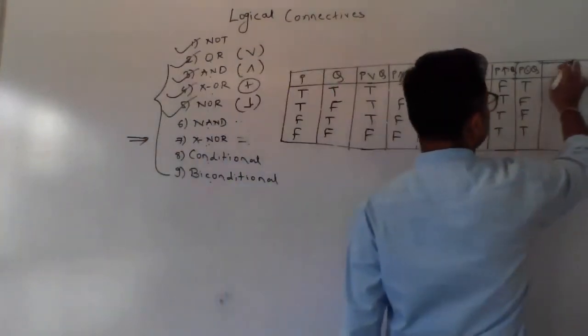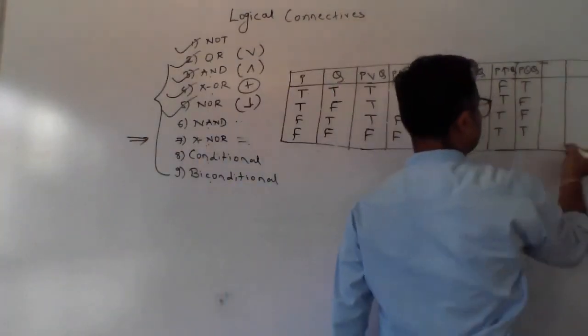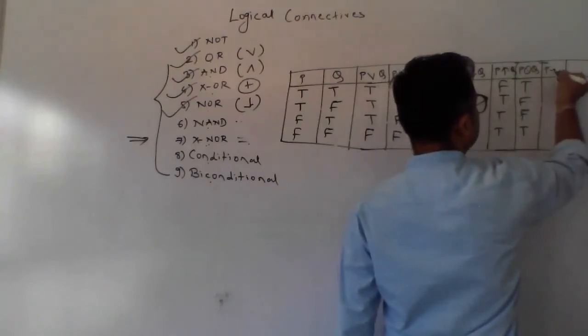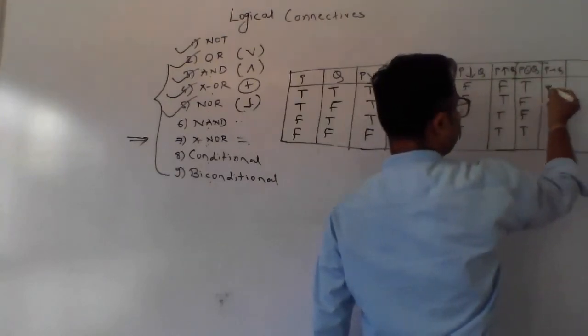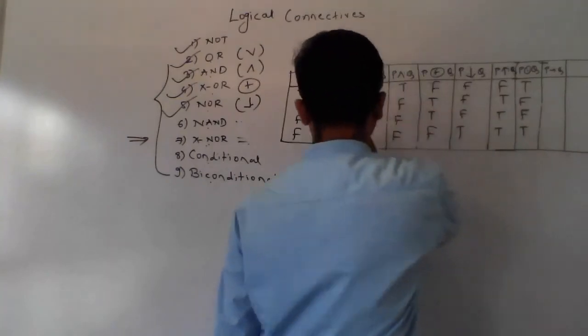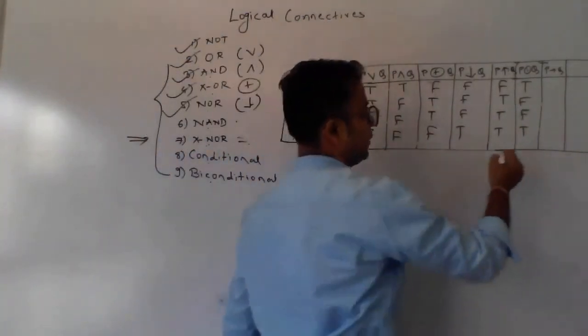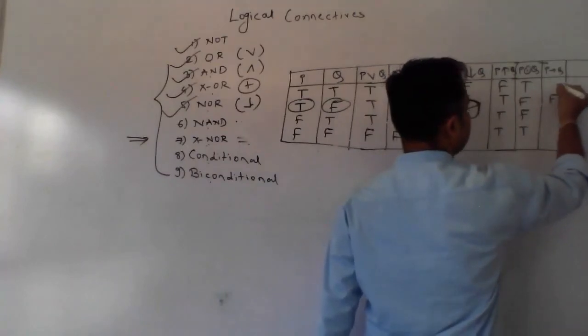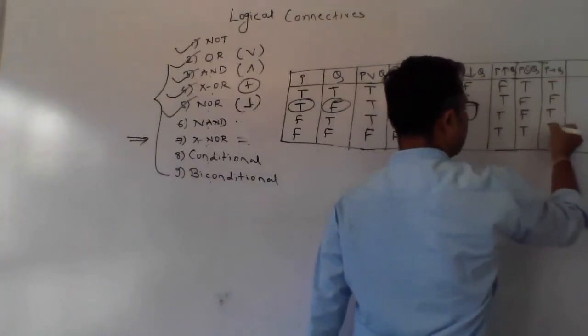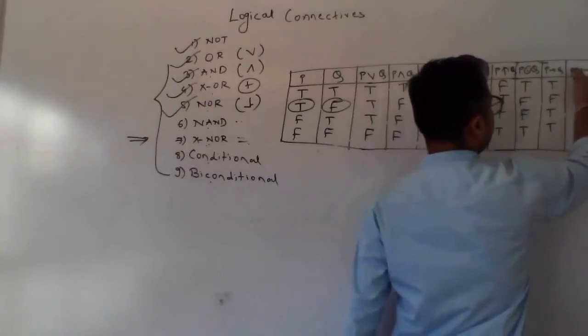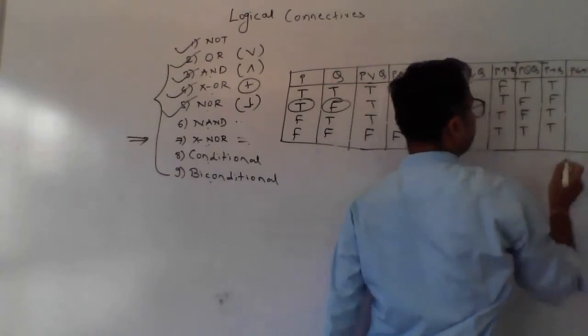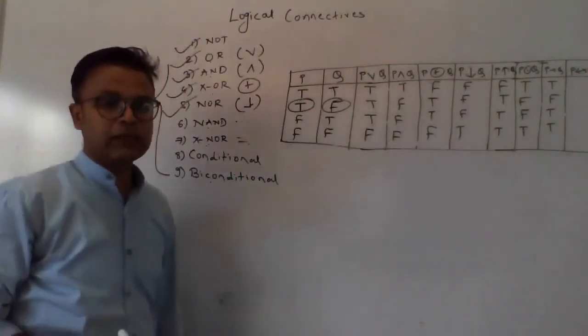So for conditional, P implies Q, you know that it is false only when the first statement is true and the second statement is false. In this case only it is false, otherwise it is true. And finally, P double implies Q, and it is same as that of your XNOR.